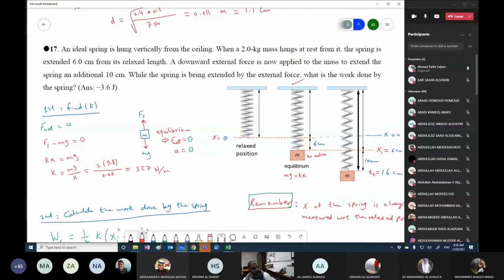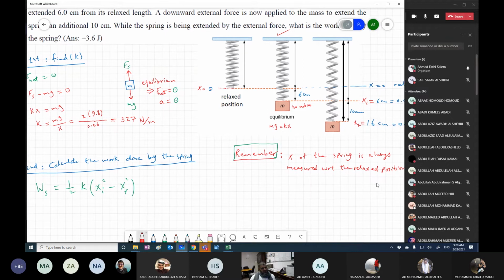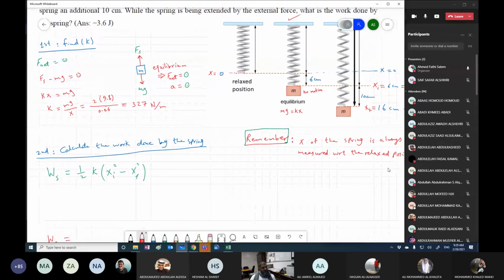طيب الآن we want to calculate the work done by the spring. Remember, X of the spring is always measured with respect to the relaxed position. This is a very important part. Okay, how much is the work done by the spring? It is 1/2 K times X initial squared minus X final squared.